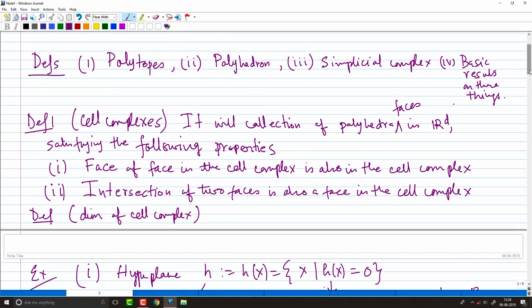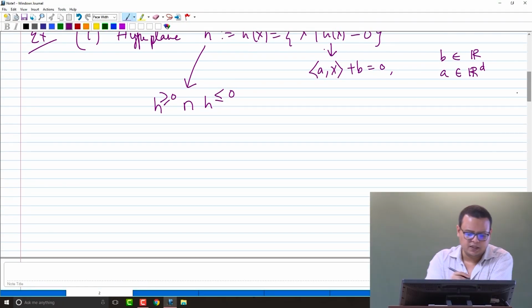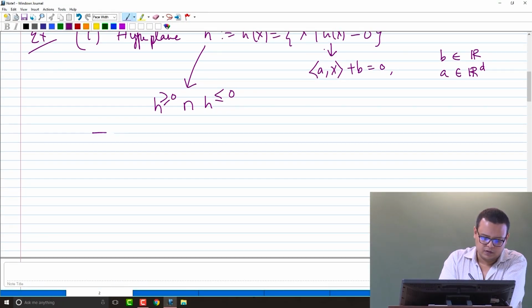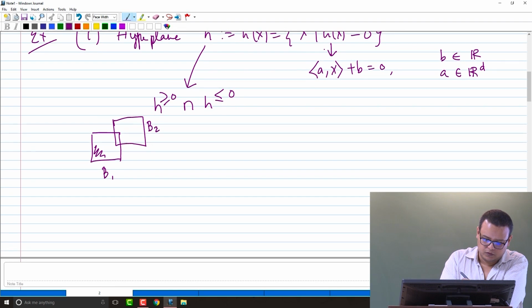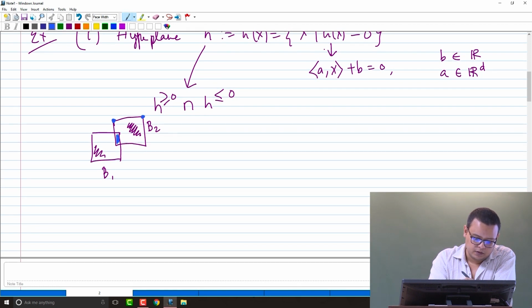Yeah, sure. So let's say you have an object like this. Let's say in my collection I have this box B1, so the interior is also present, and I have a box B2. The interior is present. They are intersecting in this region. What I have done is in my collection I have included the vertices of box B1.